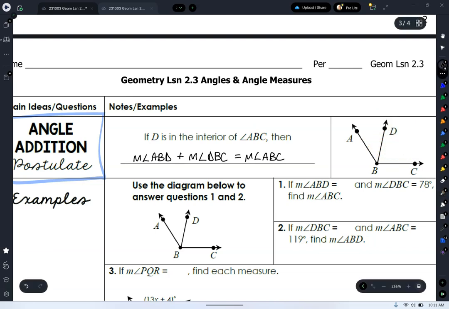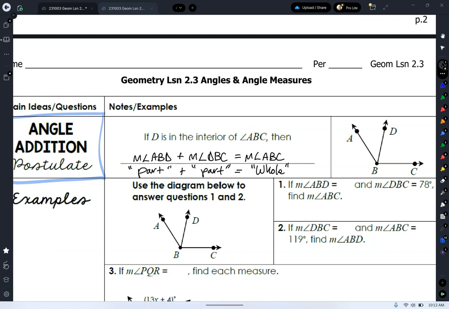You might think of this like part plus part equals what? Whole. But this is just, let's make a note over here now, for angles.